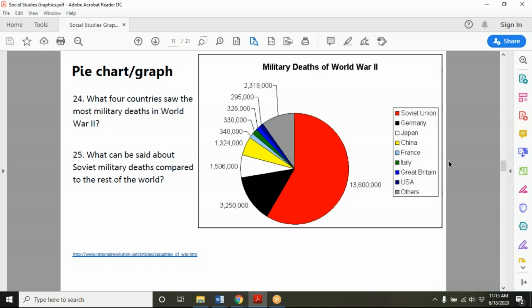The Soviet Union. More than half of the men that died in the military. There were a lot of civilian deaths as well in World War II, but this is military deaths. More than half of the people that died were Soviet Union soldiers.